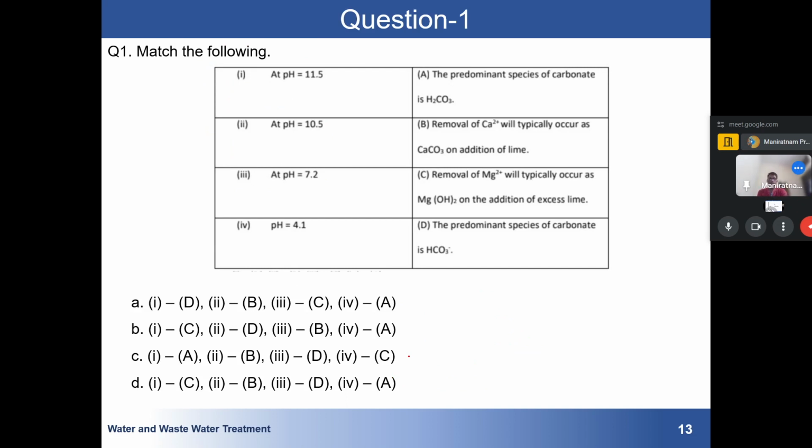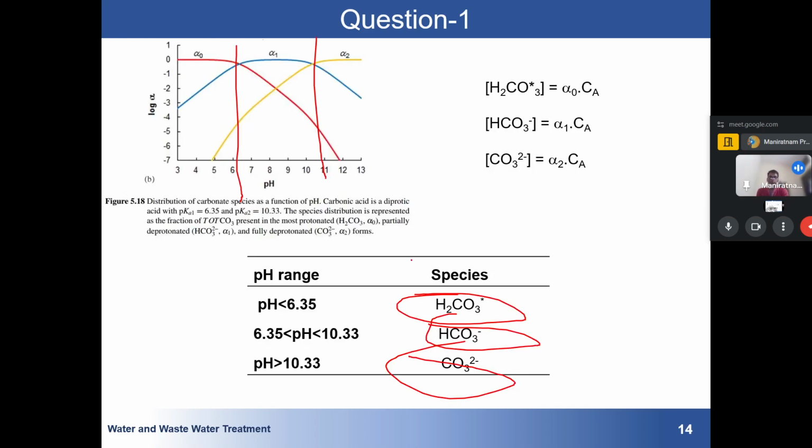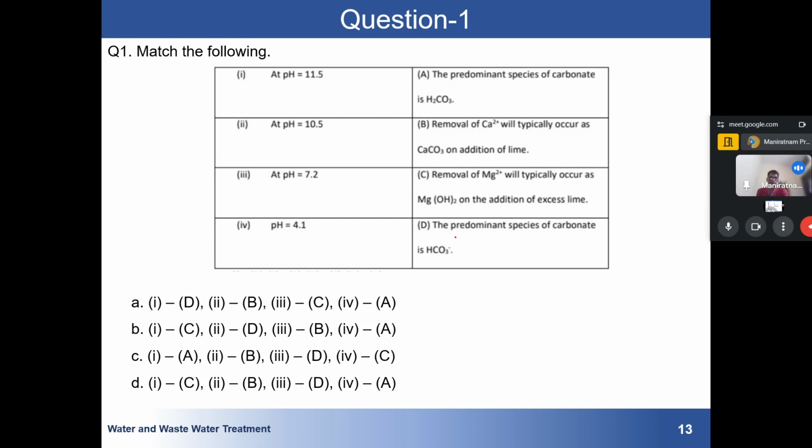So the first question is at pH 10.5, where carbonate will be dominant, but there is no such ion among the options, so the first won't be matching with these.